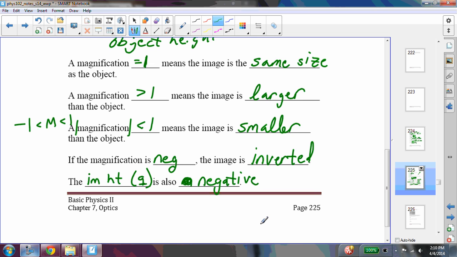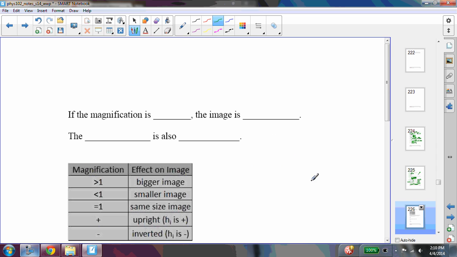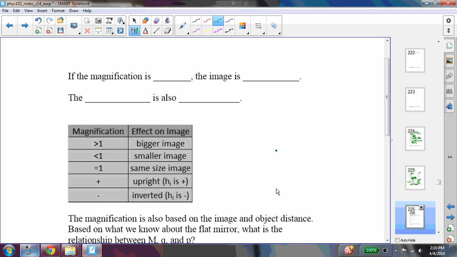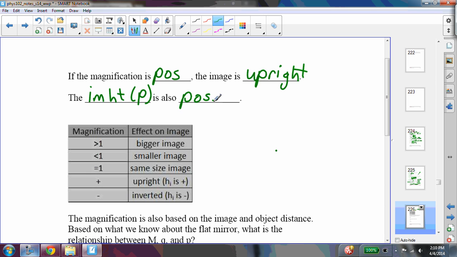Now, if the magnification is positive, then the image is upright, and in this case, the image height is also positive. So upright images have a positive magnification. Inverted images have a negative magnification.